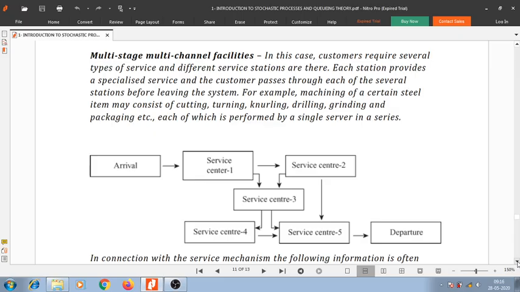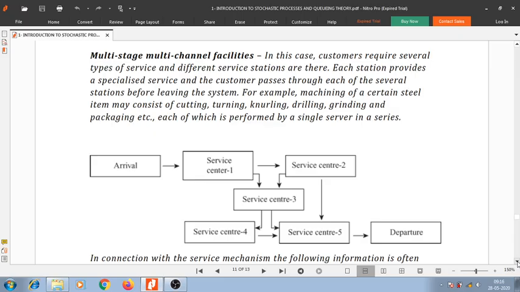The bank people collect my paper and issue one token. Keeping that token in my pocket, I wait some time, and the third counter person calls me to give the money.